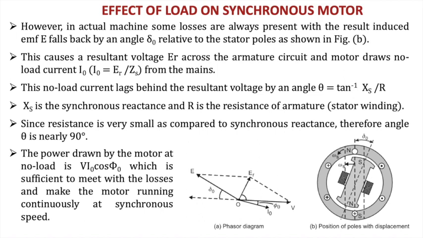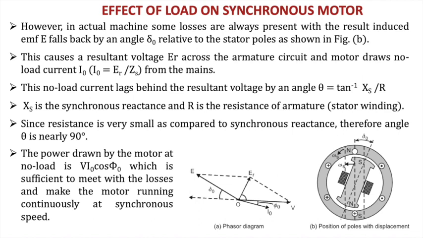Because of the resultant phasor difference between V and E, there will be a resultant voltage ER, and there will be a current lagging behind this voltage ER by the angle tan inverse of XS by R, where XS is the synchronous reactance of the armature and R is the resistance of the armature.